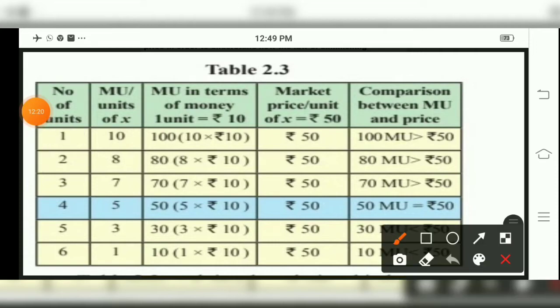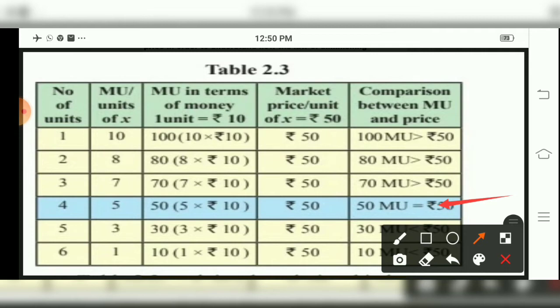If you can see in the table, children, the fourth one is telling us that marginal utility 50 is equal to rupees 50. Means for fourth unit, marginal utility was 5, then the price is rupees 50 and we converted it into money, that is 5 multiplied by 10, it was 50. MU is equal to rupees 50, means equal sign has come. That is called as consumer's equilibrium.